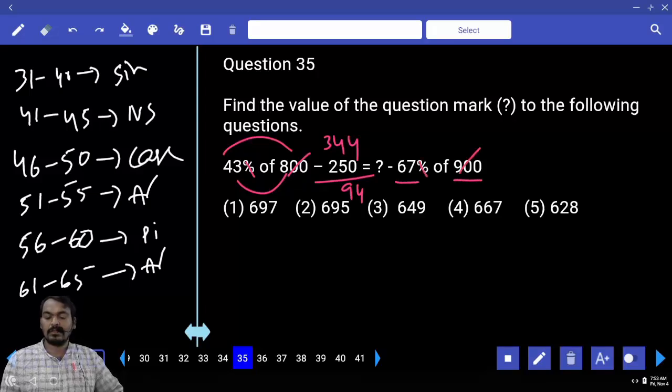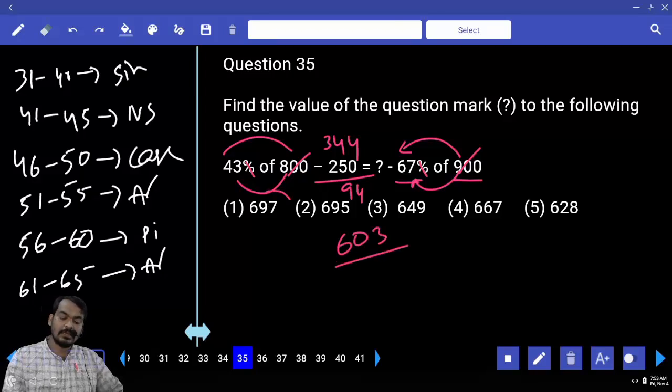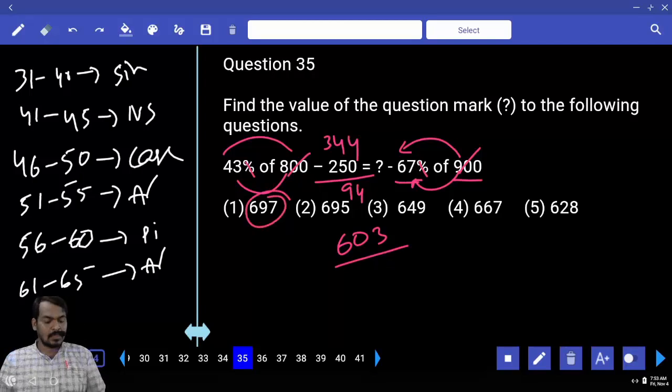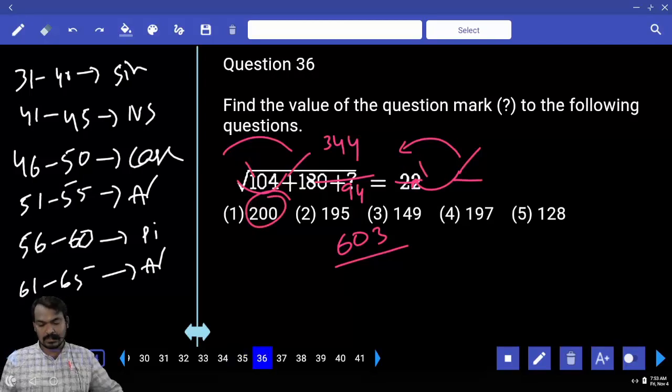Percentage, two zeros are cancelled. 67 into how much? 900. 960 is how much? 540. 9 7 is 63. 540 plus 63, 603. These two are adding, we are getting 697.